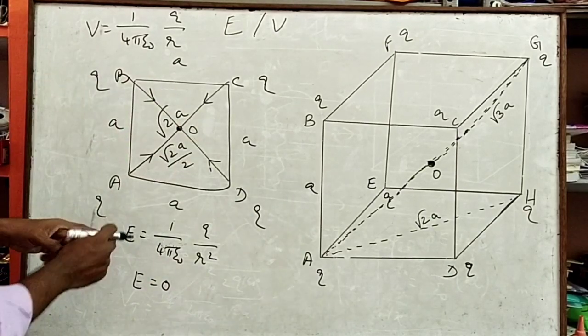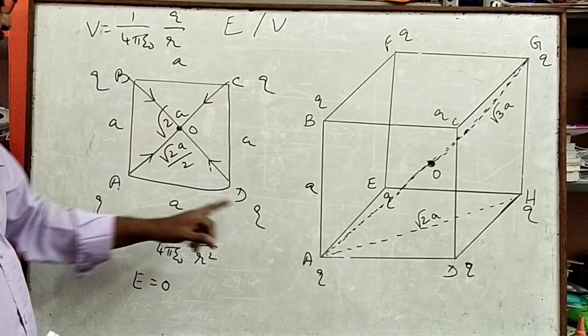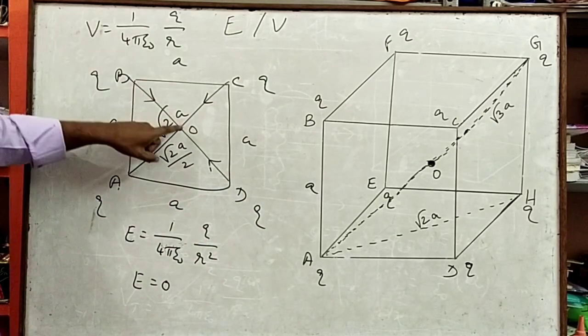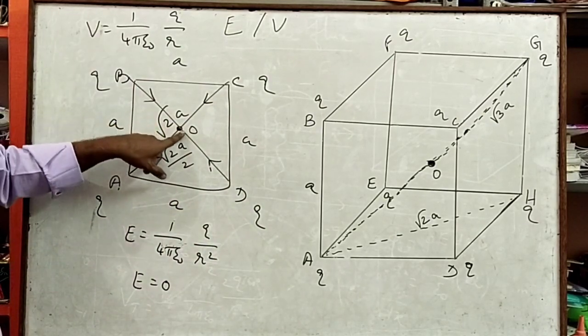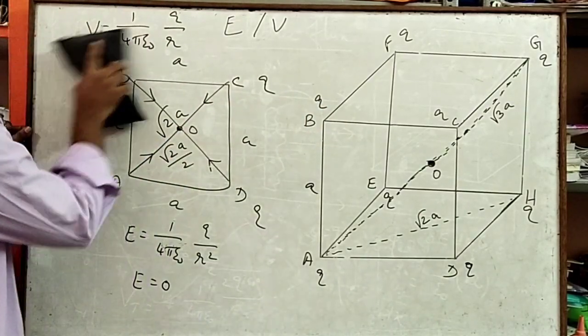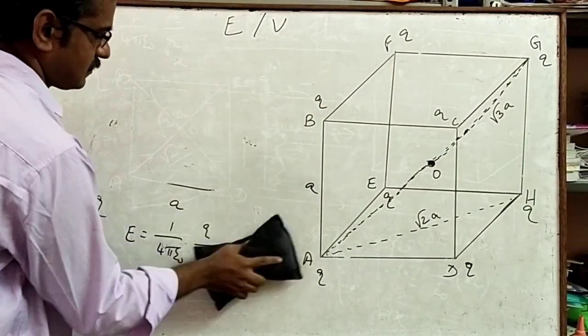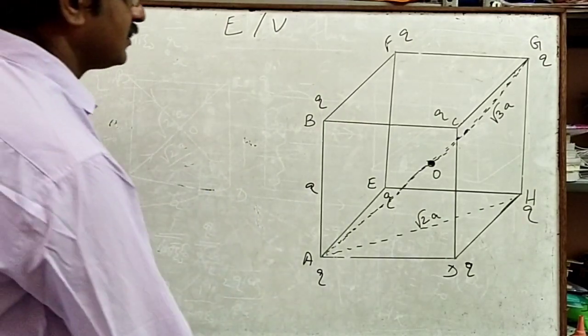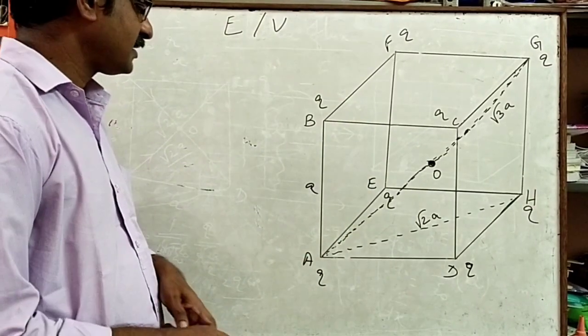So in a square, if there are equal charges and all are positive, then the resultant electric field will be 0. Now let us go to the cube. Here, at all the corners, positive charges are there.